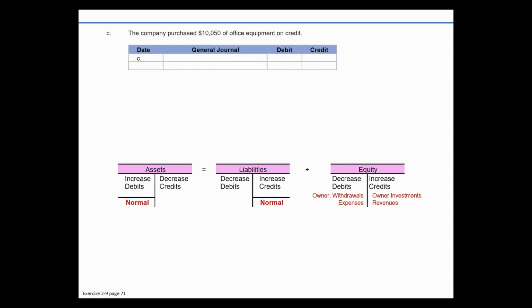The company purchased $10,050 of office equipment on account. So they used credit. What would I do here? Debit office equipment. And then what would I have to do? They paid with credit, so we would credit accounts payable, because that's a liability, $10,050.